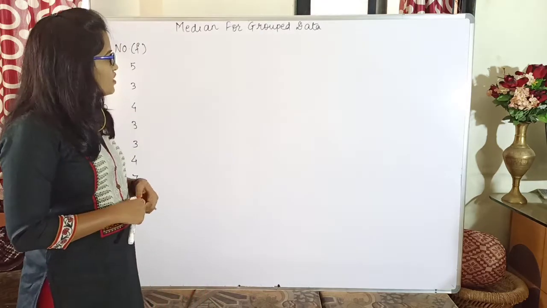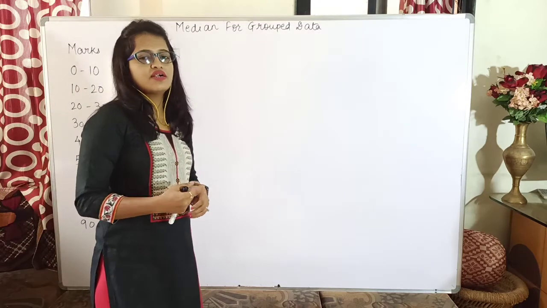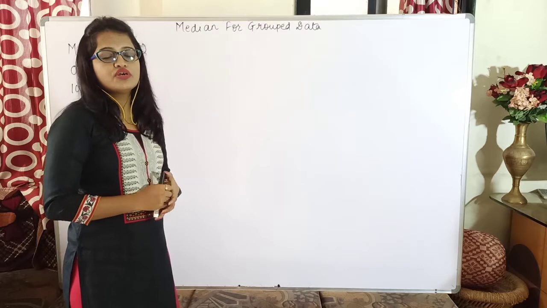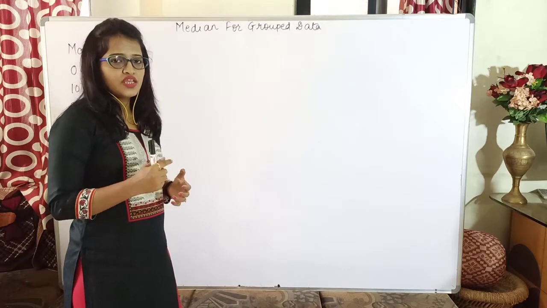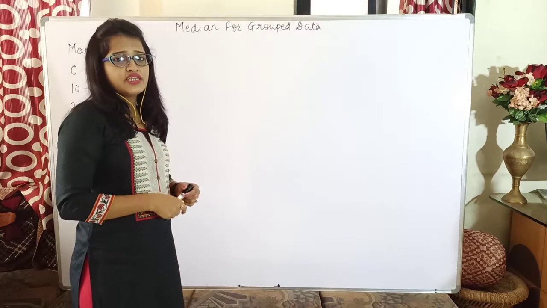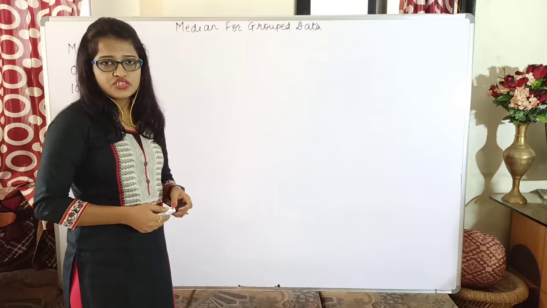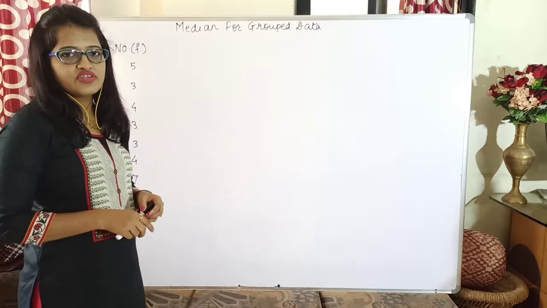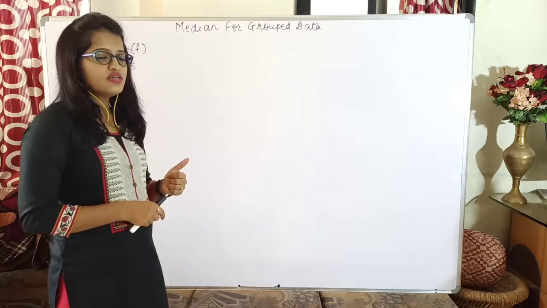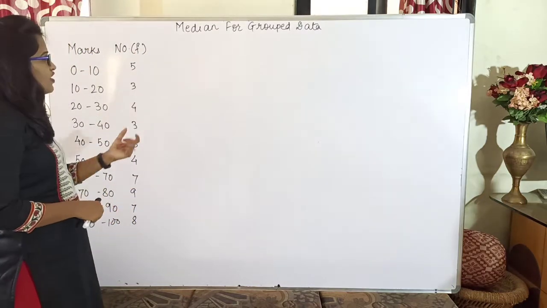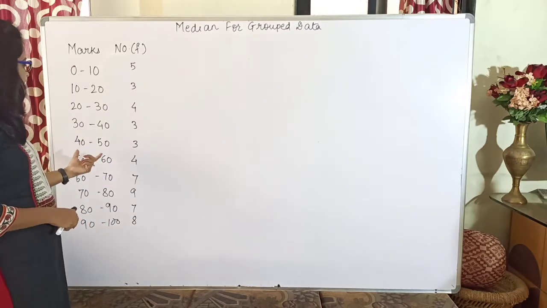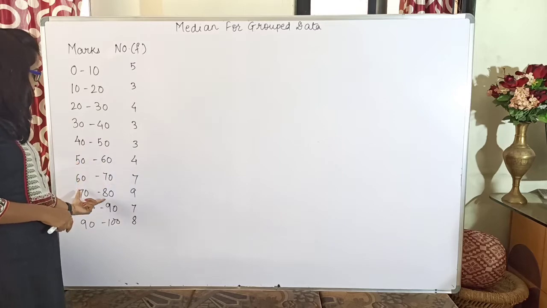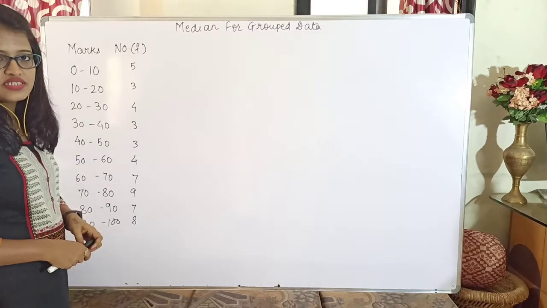Okay, so now coming to the next part, where we have to see how to find the median of grouped data. In the ungrouped data, if you know the position, you can just take the observation for that position and take the average and everything. But here, when you are going to find the median, you don't know exactly which value present in this class will be considered as the median, isn't it?